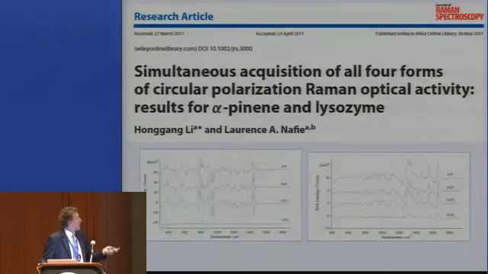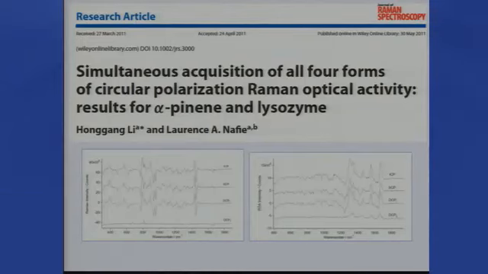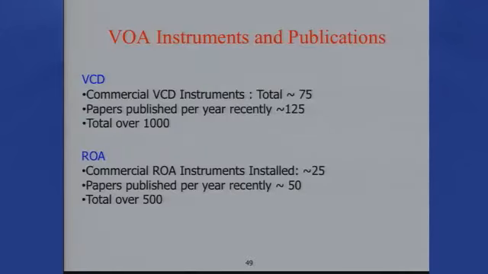And this is a very recent paper with Honging Li, who I believe is in the audience, at BioTools. And these are all simultaneous measurement of all 4 forms of ROA by converting the chiral Raman into 4 circular polarization mode operation. So this is sort of the activity of VOA these days.